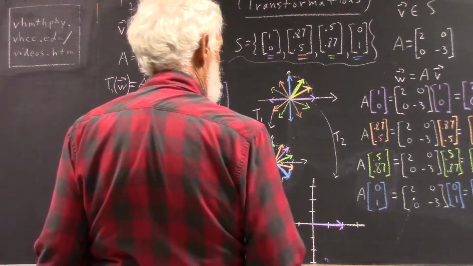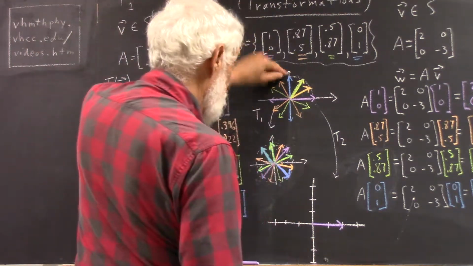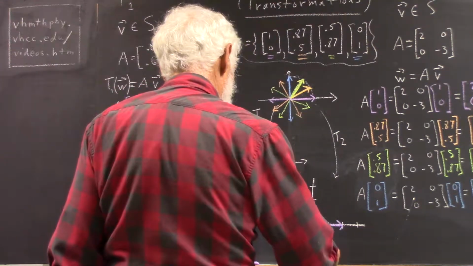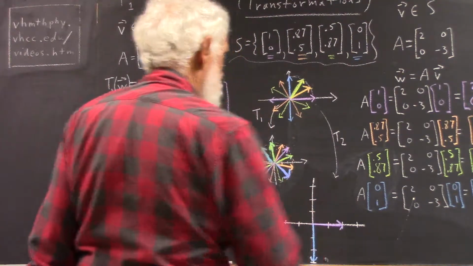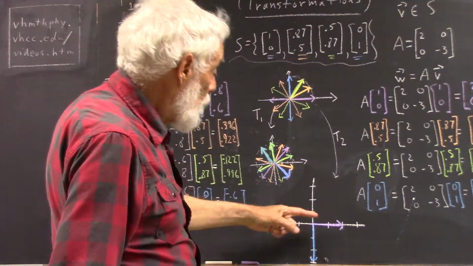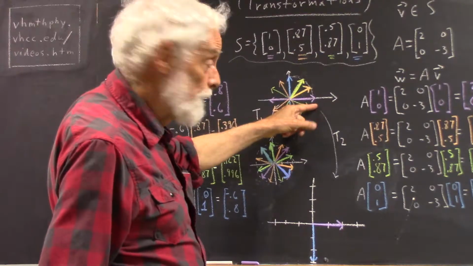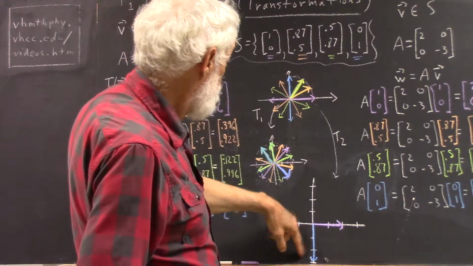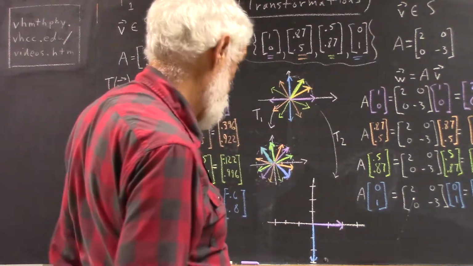So this 0, 1 vector, the one that goes up here, actually ends up going down over here. The image of this vector is this vector. While this vector was in the same direction as this one, this vector here is in the direction opposite this one.